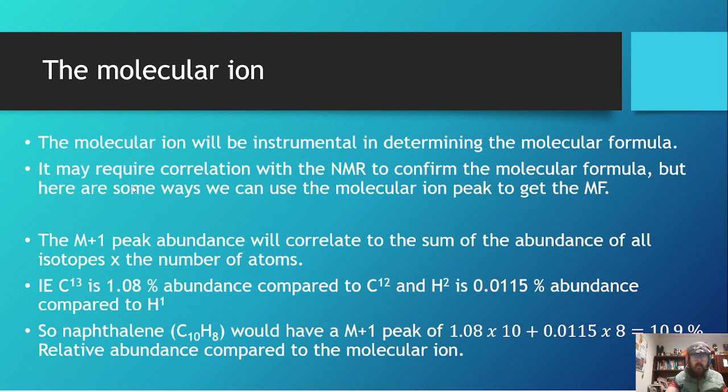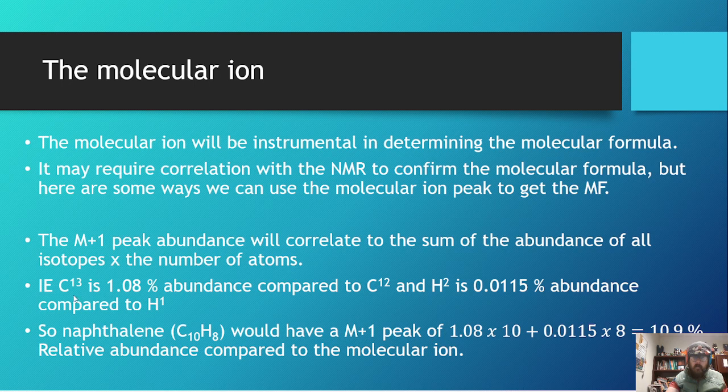The molecular ion is useful for determining the molecular formula. Yes, we might use some other techniques like NMR to help confirm the molecular formula, but we can get the molecular formula from this. The n+1 peak abundance will correlate to the sum of the abundance of all the isotopes present times the number of atoms.